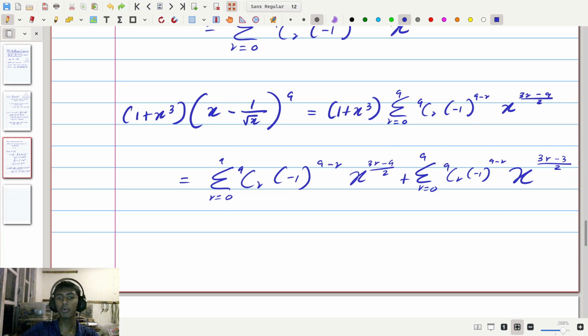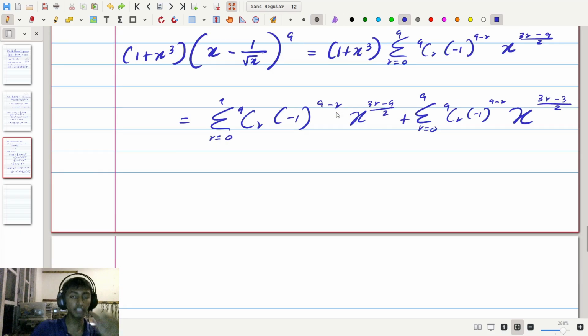What we're going to do now is consider the value of r in this sum required to get x to the power of 0, and we're going to consider the value of r required to get an x to the power of 0 in this one as well. Considering the first sum, the power of x is 3r minus 9, divided by 2.